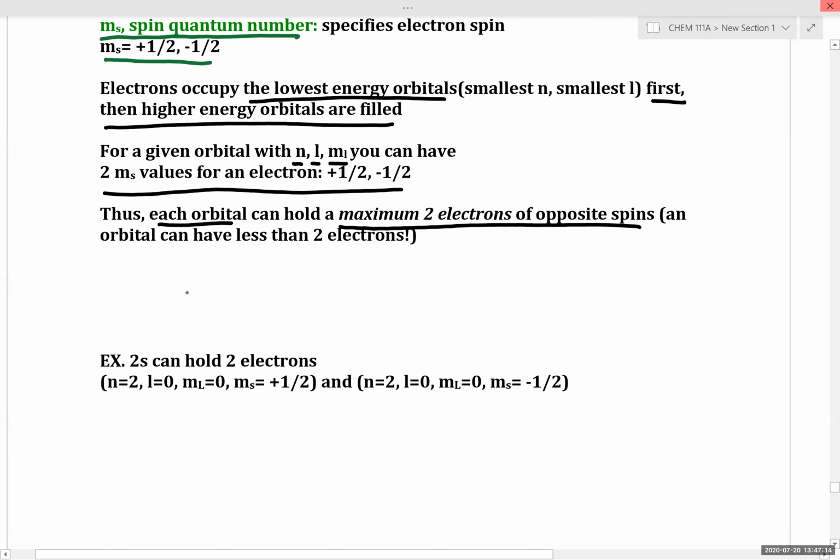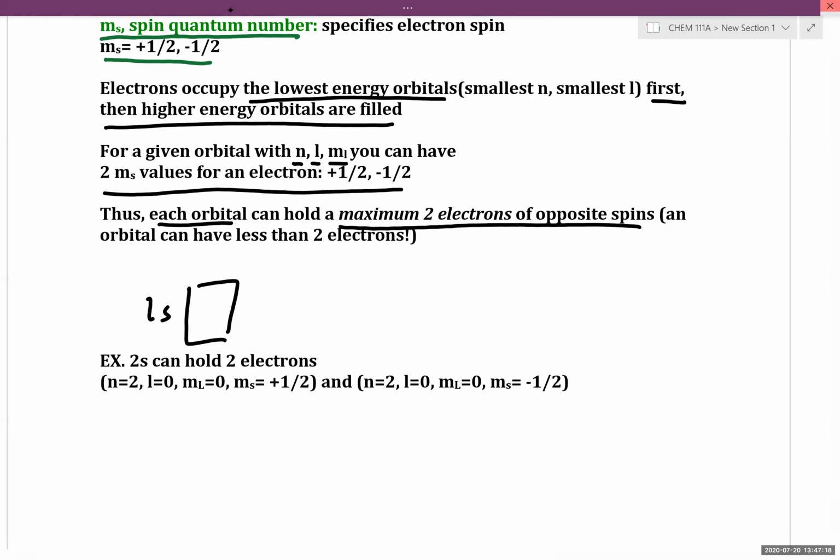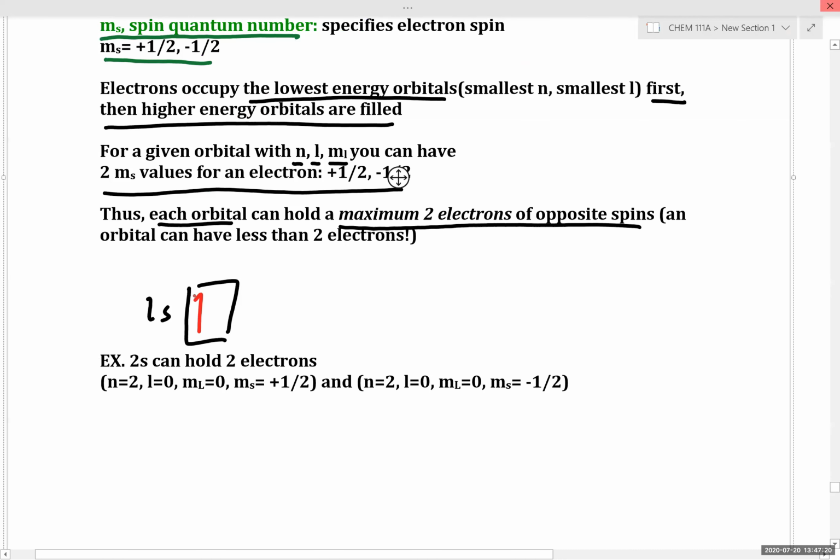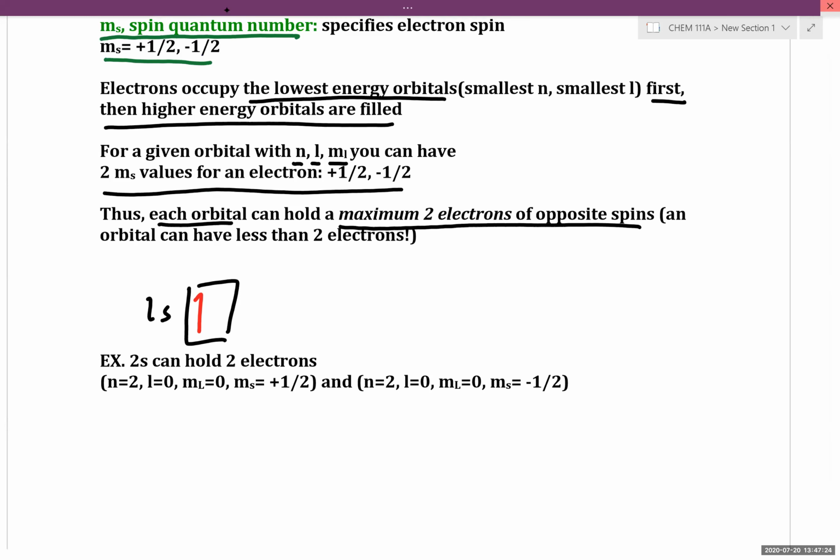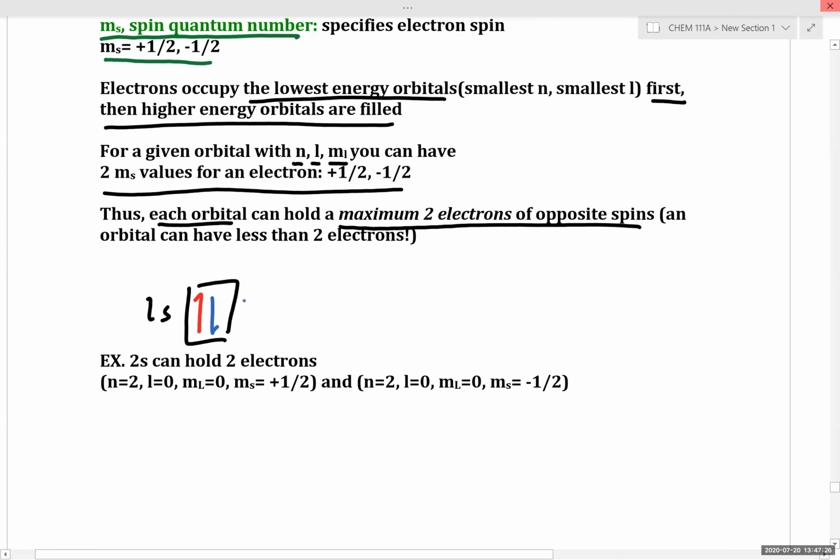So for example, a 2s orbital can hold 2 electrons, an upspin electron and a downspin electron, where each of these arrows represents 1 electron, and up represents upspin, down represents downspin.